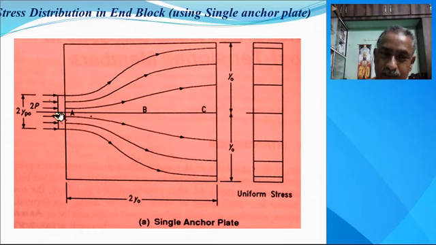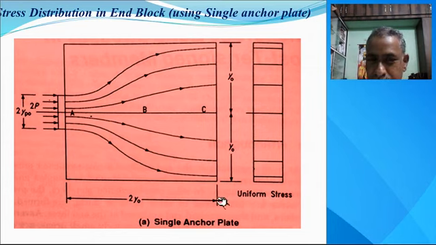Now in this case we have considered this total distance, that means the vertical size of the anchor plate, as 2y0. And after even distribution of the stress, this is y0 plus y0 from the center, that means 2y0, and this 2y0 is equal to this 2y0.